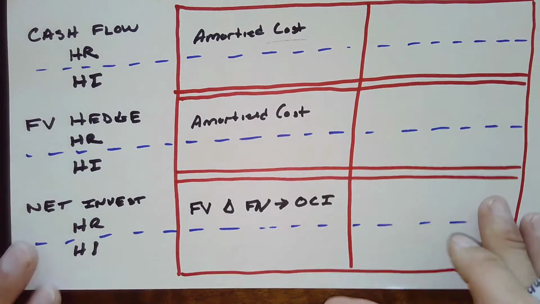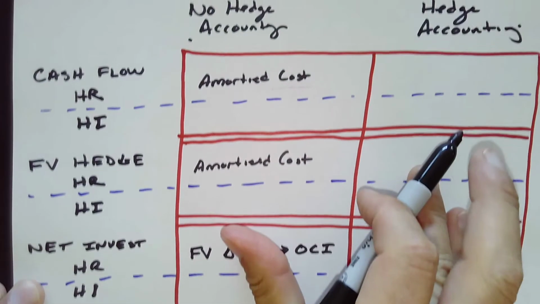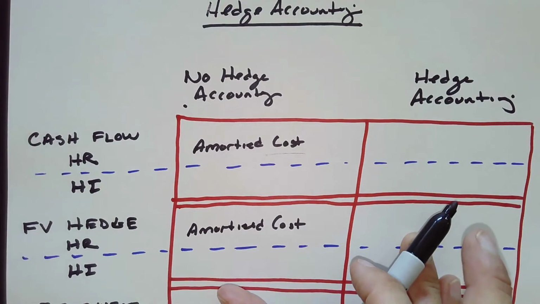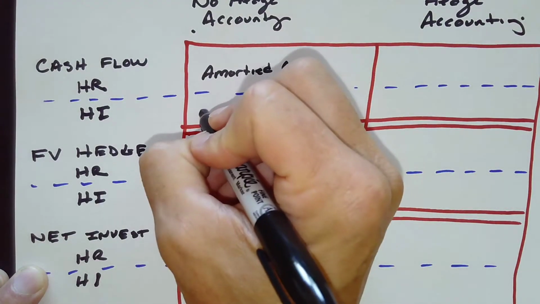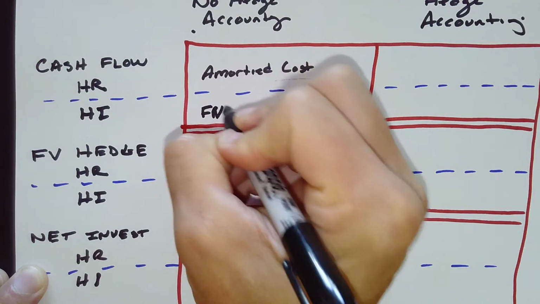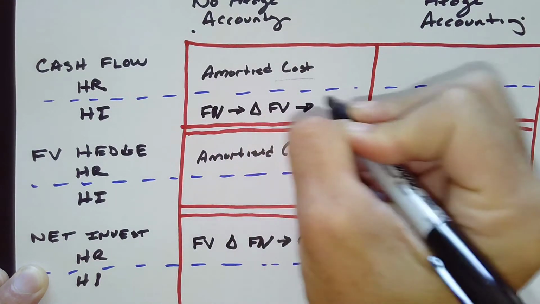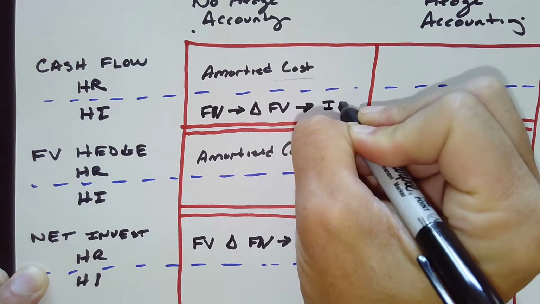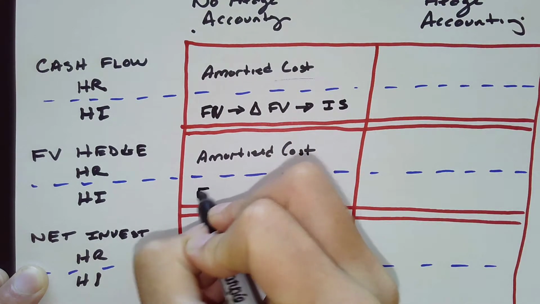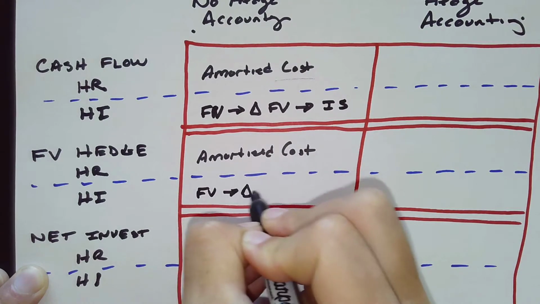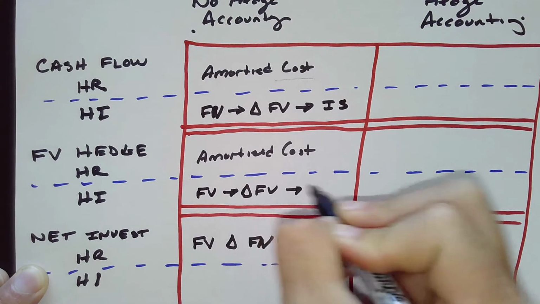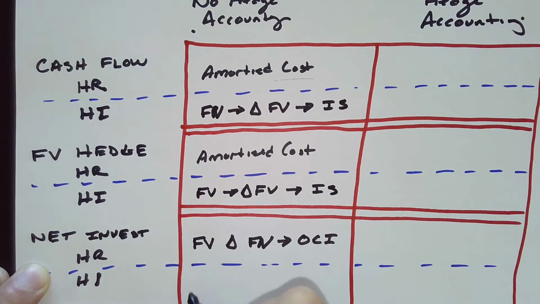For all of these, we also understand what the accounting is for the derivative. The derivative is fair value with changes in fair value going to the income statement.